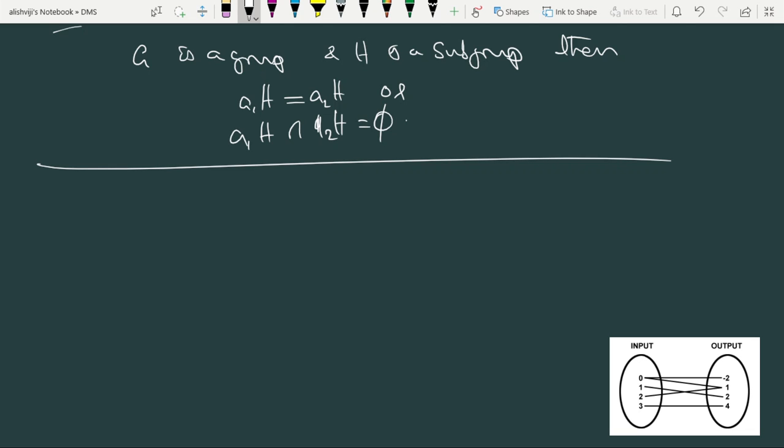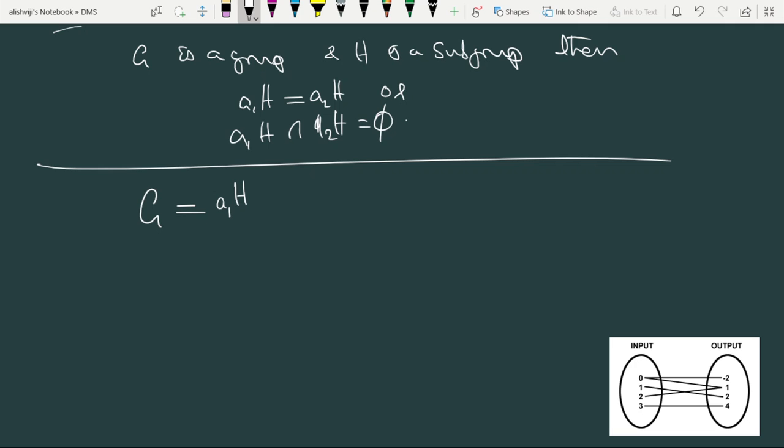Now let's consider the group G. If G is a finite group, then G can be written as the union of the left cosets. Take an arbitrary element from G and consider the left coset A1H.